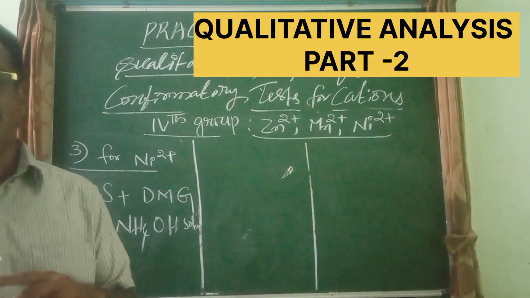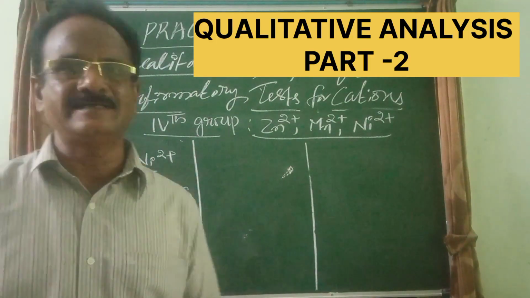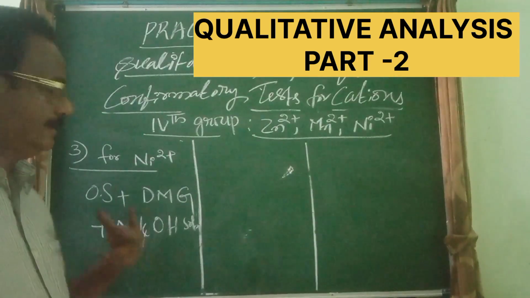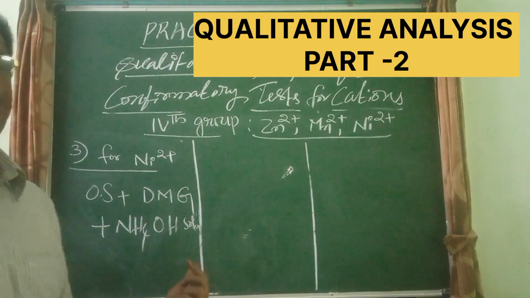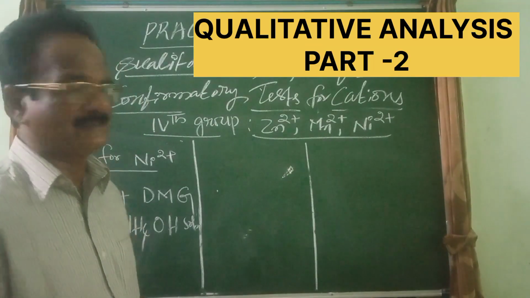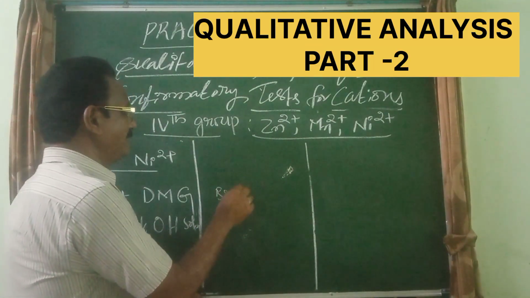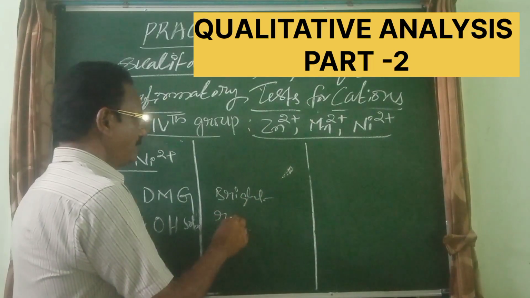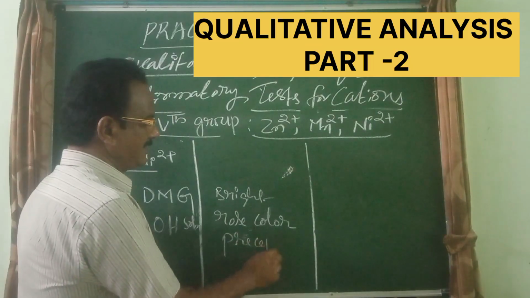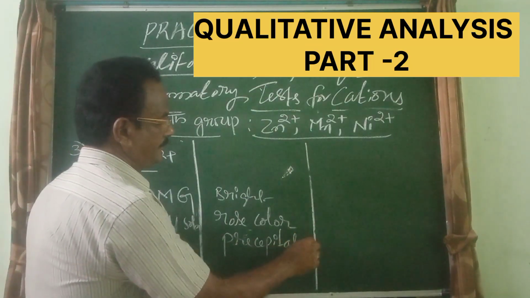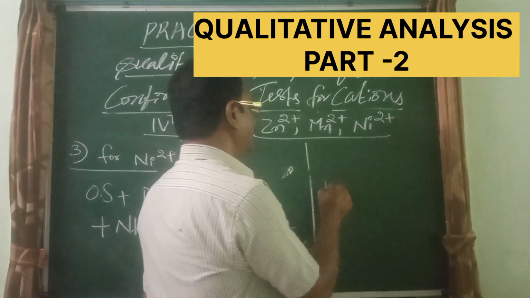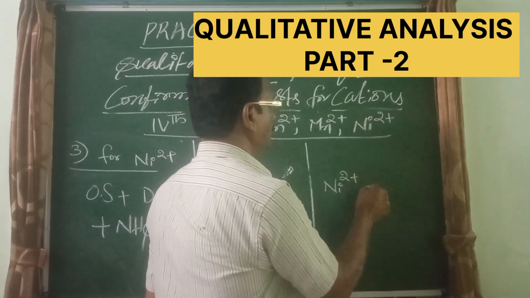Okay, then if there is Ni2+, the precipitate is in bright rose color. Bright rose color precipitate formed. Okay, then one can confirm the presence of Ni2+.